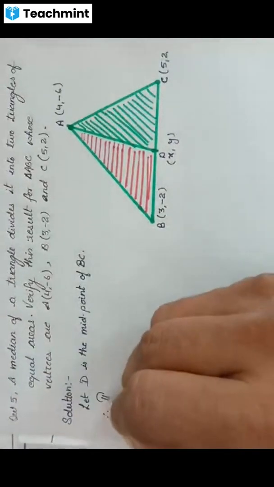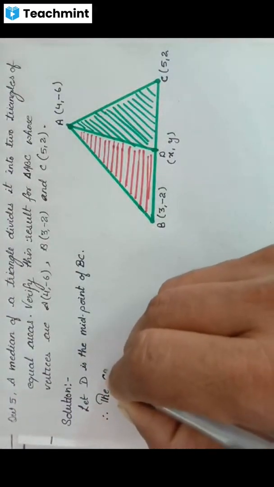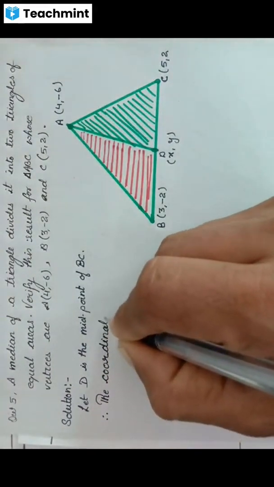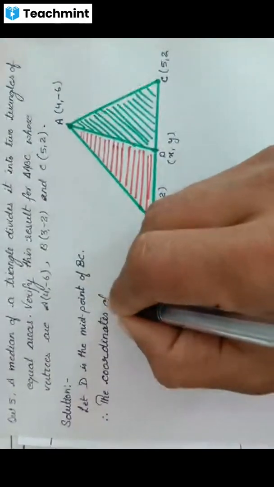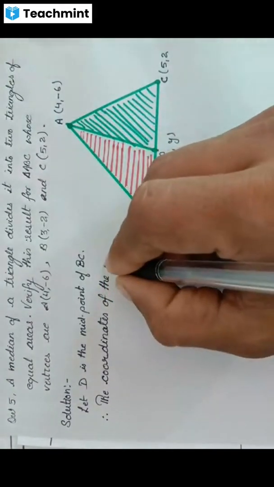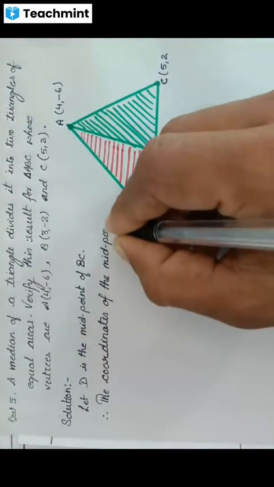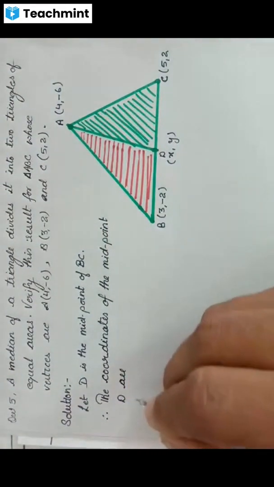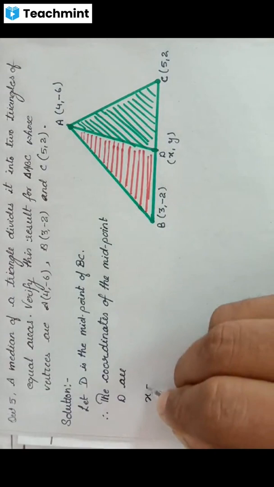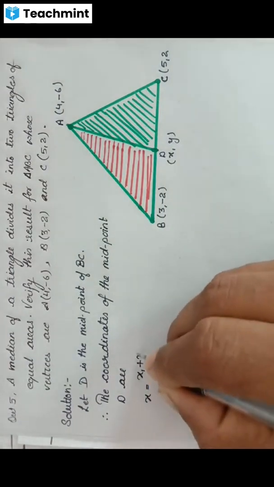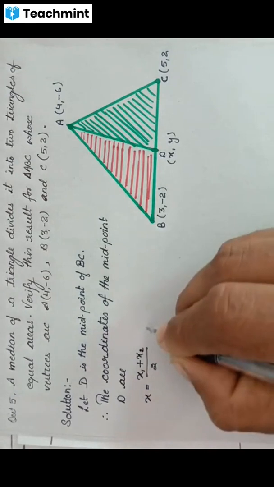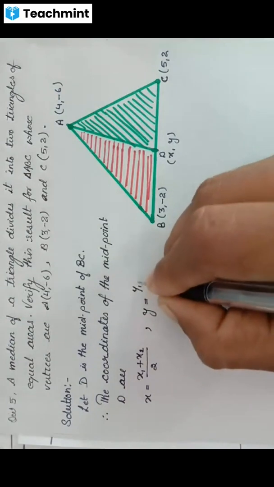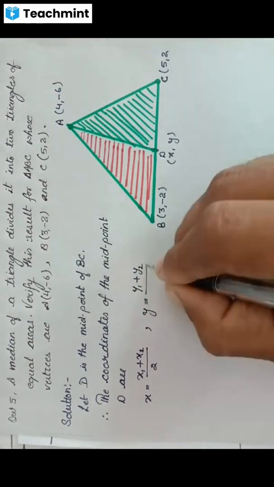You can see here the coordinates of the midpoint. For D, x is equal to x1 plus x2 divided by 2, and y will be equal to y1 plus y2 divided by 2.